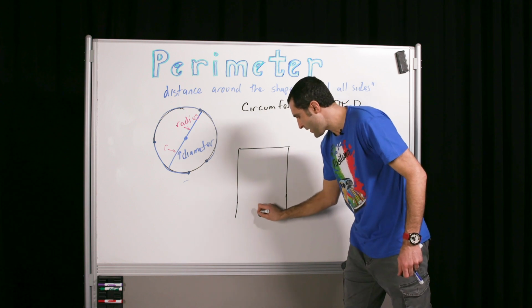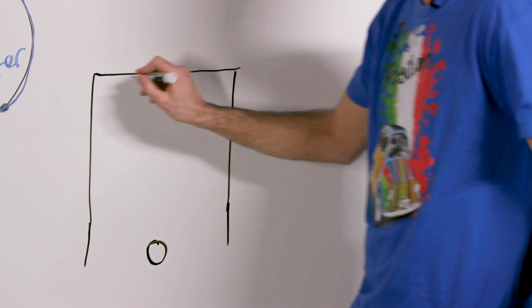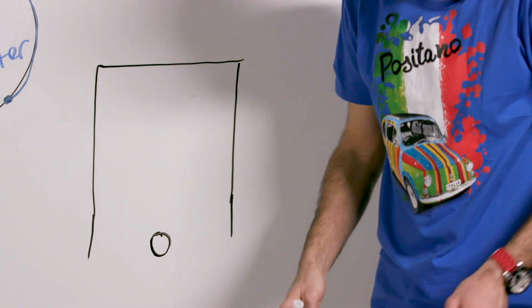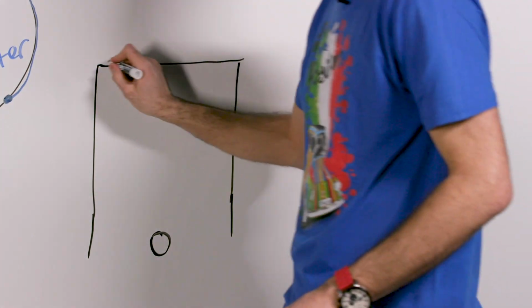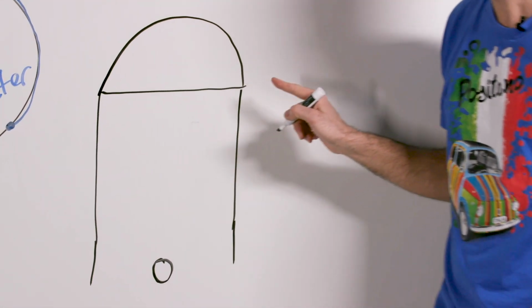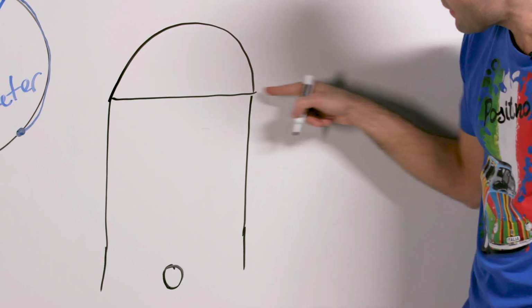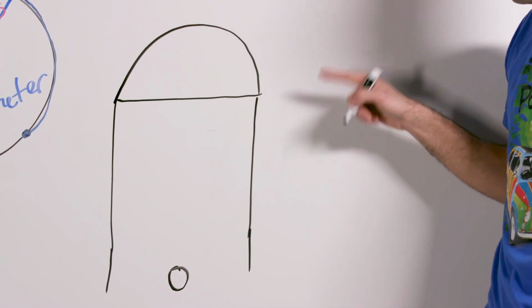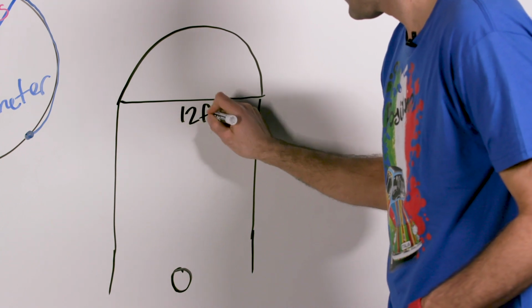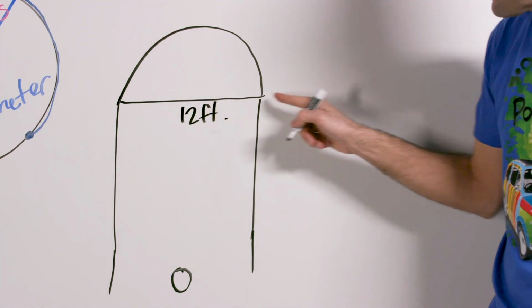Let's say this is the hoop right here. This is looking top down, like if you're on the roof or on the ceiling, like looking down at the basketball court. And you have this thing here. This is a semicircle, okay? And this length here on the high school and college level is 12 feet. This is 12 feet wide, this thing, okay?